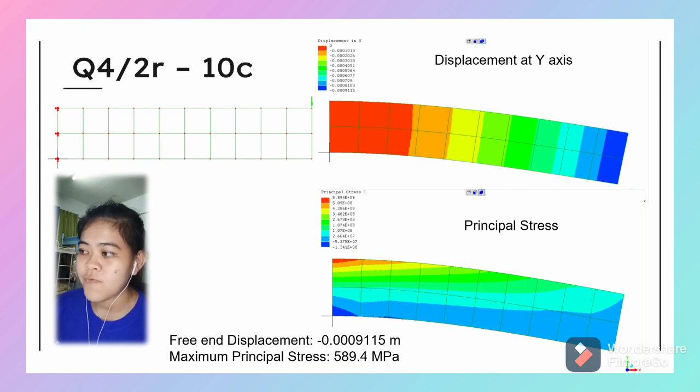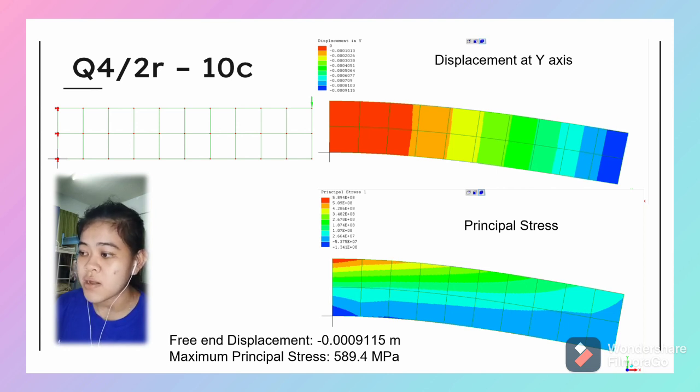And the lowest deflection or displacement is at the red color, which is closer to the fixed support of the beam.